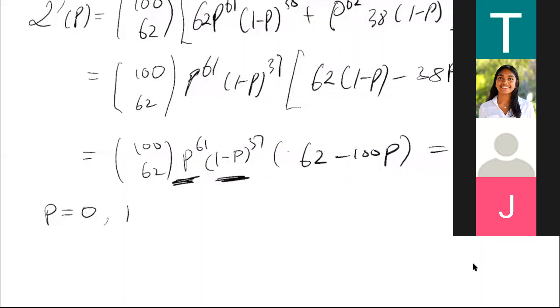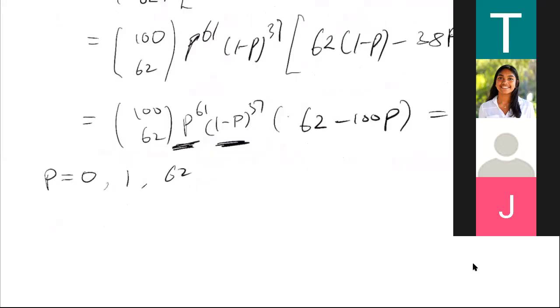Yeah. And the third answer is 62 over 100, which makes the third term equal to 0. But we know that for probability p equal to 0 or 1, it doesn't help, because if you look back at the original L function, it's 100 choose 62 times p to the 62, 1 minus p to the 38.